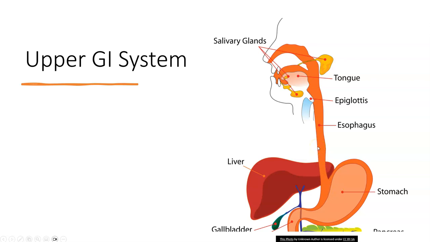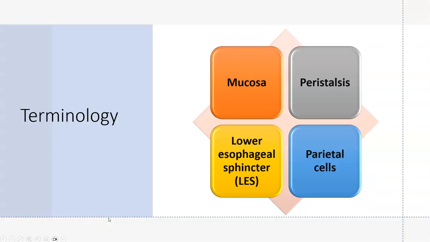And we feel burning because the mucosa in your esophagus is sensitive to the acid, where your stomach actually has a protective lining in it so that it doesn't get broken down by your stomach acid. And then what are the parietal cells? So the parietal cells are located in your stomach, and these are cells that have a role in the production and the output of the hydrochloric acid in your stomach.